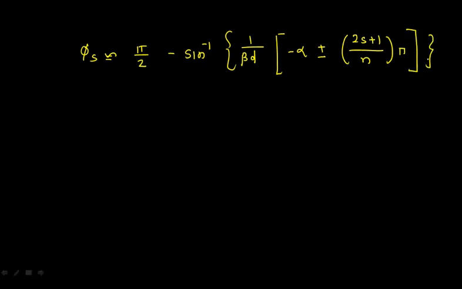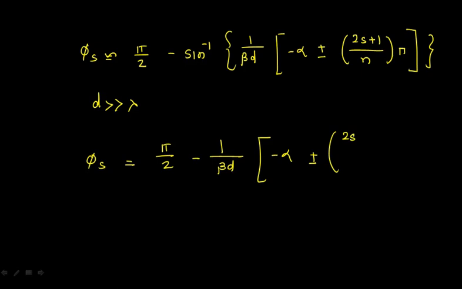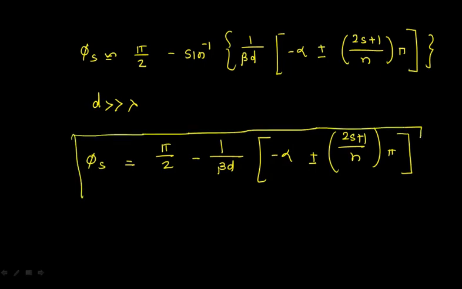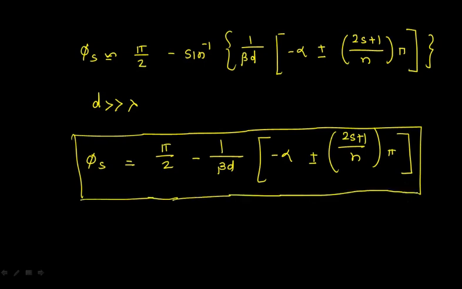Now if we are talking about very large values of distance, if your distance d is very much greater than lambda, the above equation will reduce to psi s equal to pi by 2 minus 1 upon beta d, minus alpha plus minus 2s plus 1 divided by n into pi. Okay, so this is how you can find out your side lobes. You can put the values of s other than 0. You will get your first, second, third and whatever maxima level that you want.